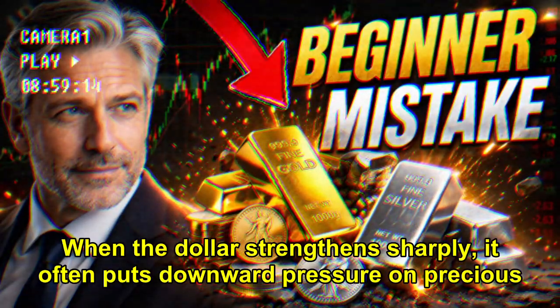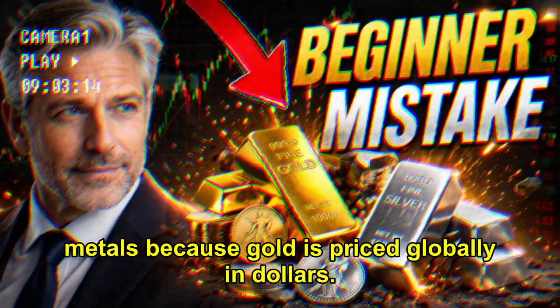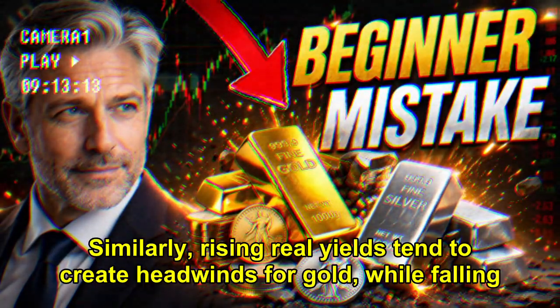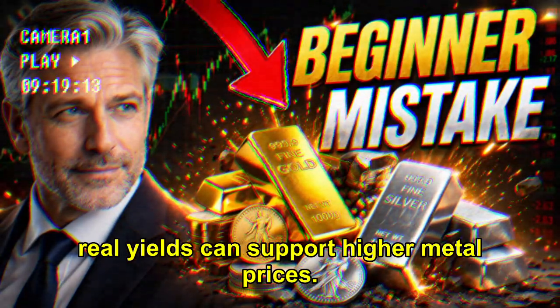When the dollar strengthens sharply, it often puts downward pressure on precious metals because gold is priced globally in dollars. When the dollar weakens, metals often benefit. Similarly, rising real yields tend to create headwinds for gold, while falling real yields can support higher metal prices.